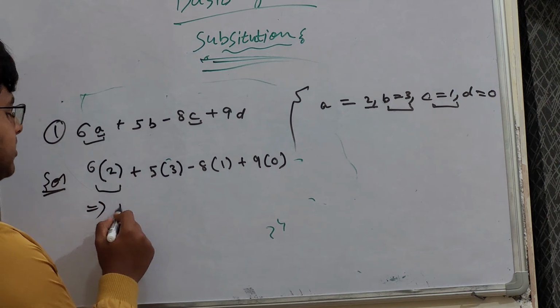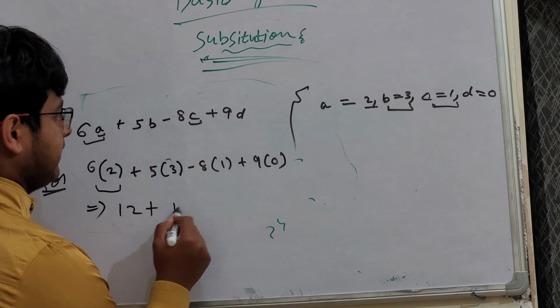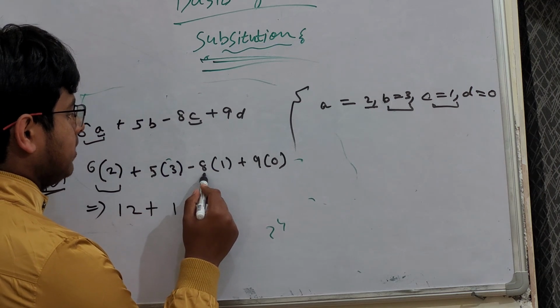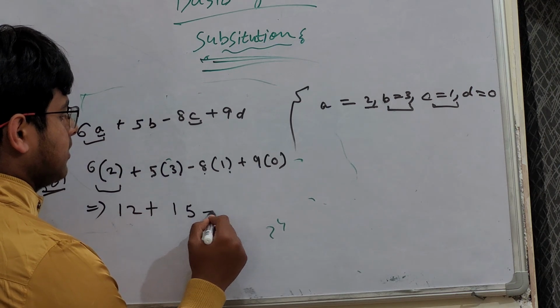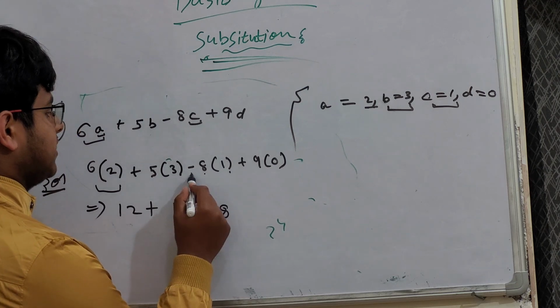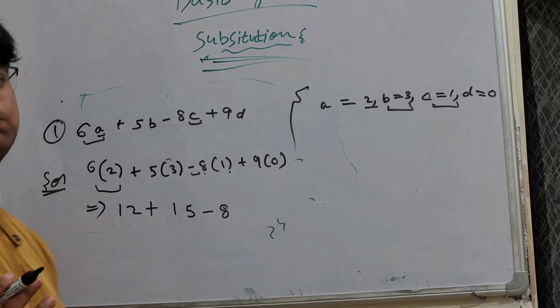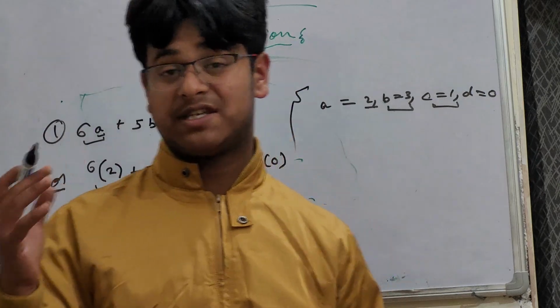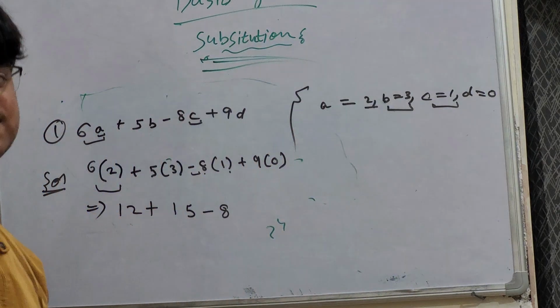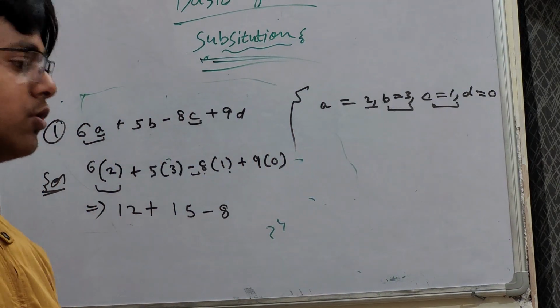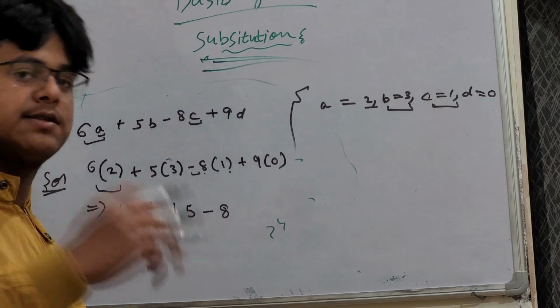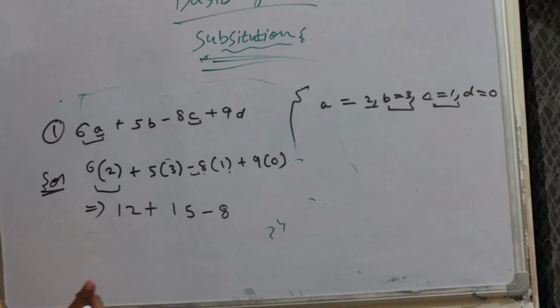6 times 2 is 12, 5 times 3 is 15, 8 times 1 is 8, and it is minus 8 because of the minus sign. I hope you all know the basic knowledge of integers, because I'm not going to cover integers. If you don't know integers, go and revise them and then watch my video.